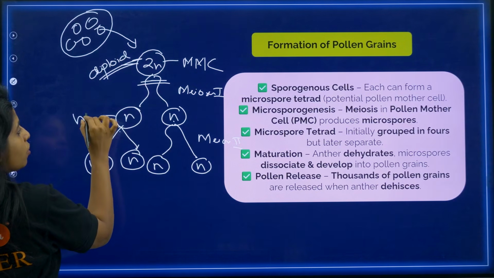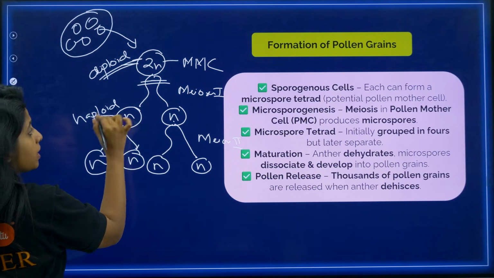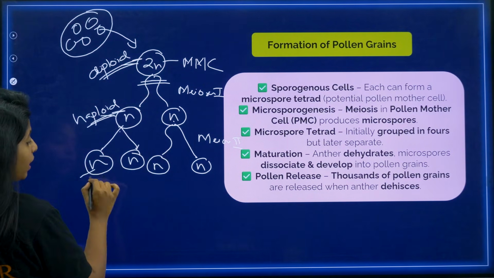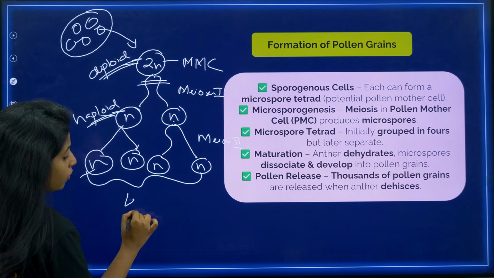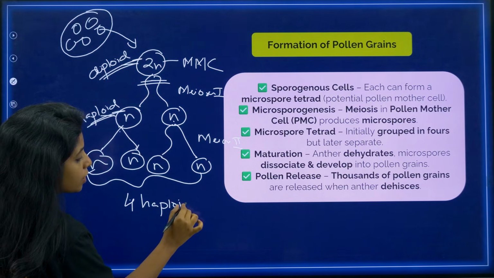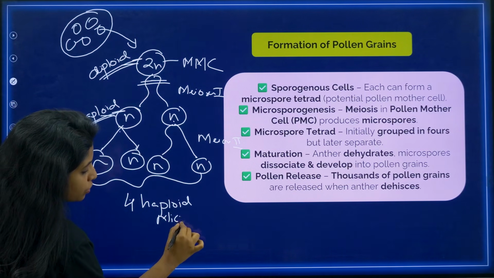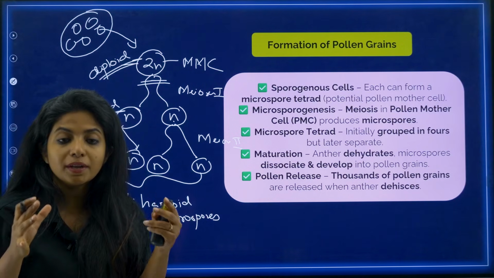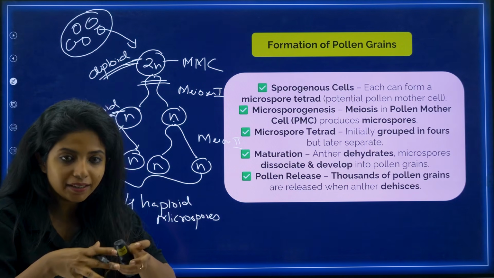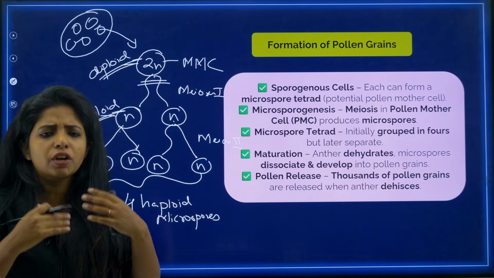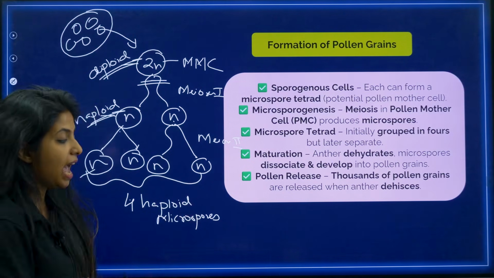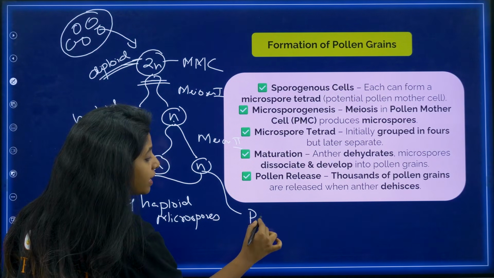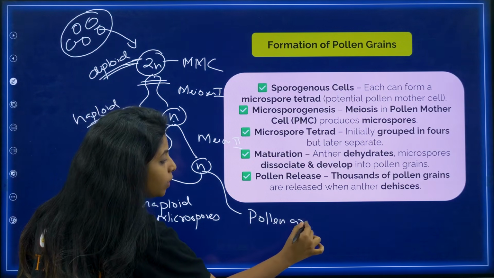Over here, you got haploid cells, and then later they divided. Again you have 4 haploid microspores. Initially the 4 are together, later, because of dehydration and other things, they will be separated, and when they are separated, you call each of them pollen grains.